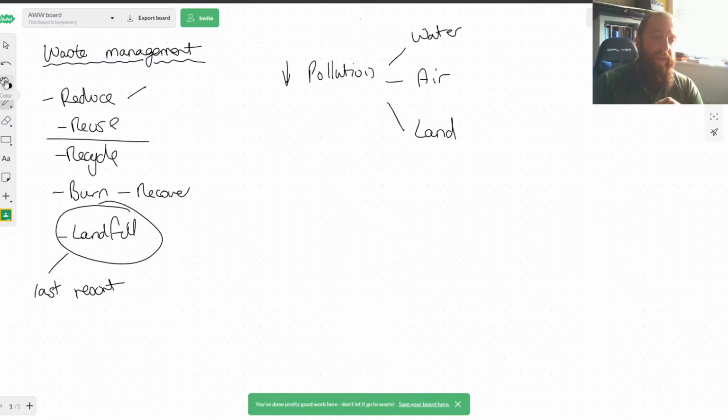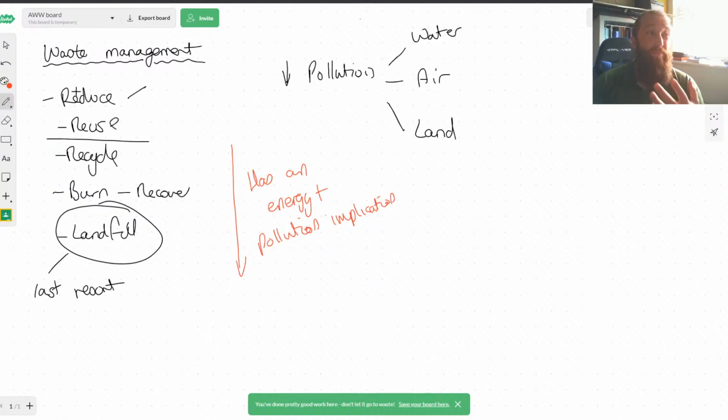So, yes, recycling is great, but all of this one, I'm just going to put down here, has an energy and pollution implication. The implications of reduce and reuse is pretty much minimal, okay?